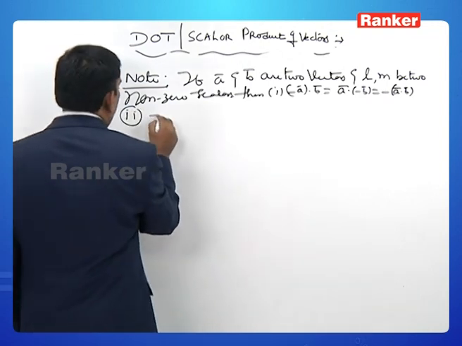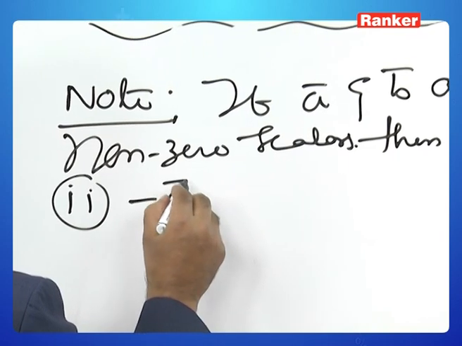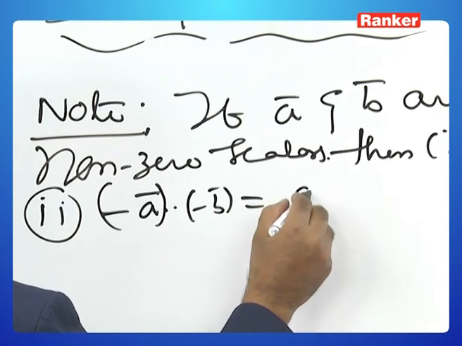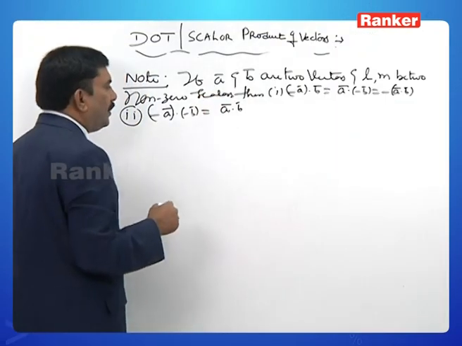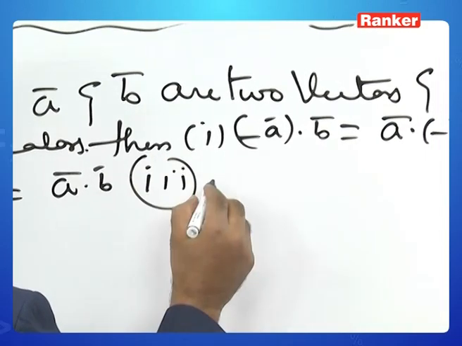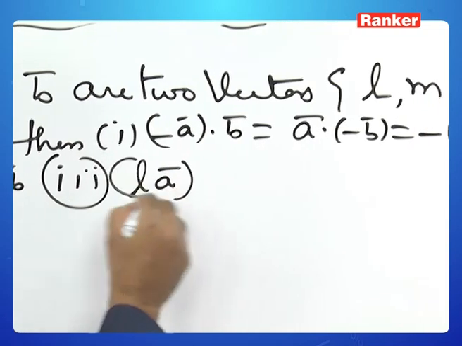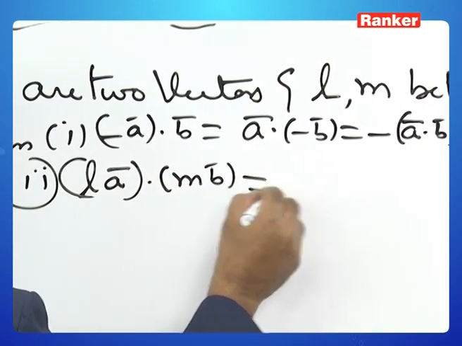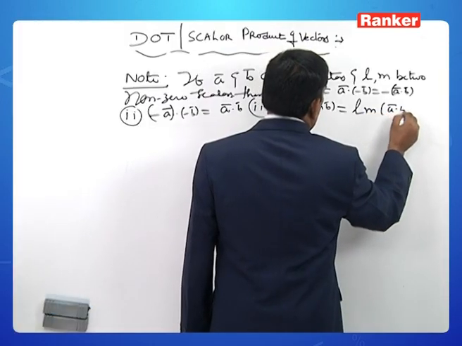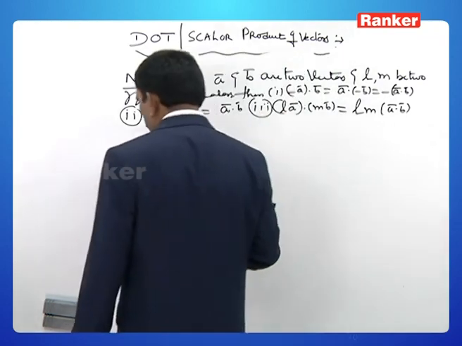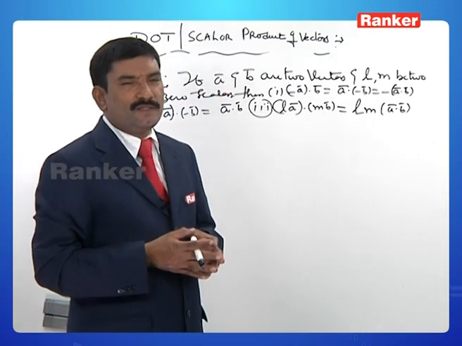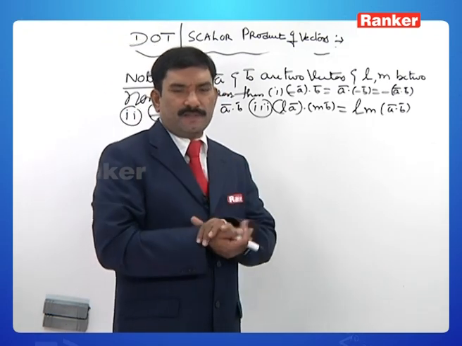Next, minus A bar dot minus B bar is equal to A bar dot B bar. Third one is LA bar dot MB bar is equal to LM into A bar dot B bar. Just take these as results. You do not find much application of this as fundamentals.